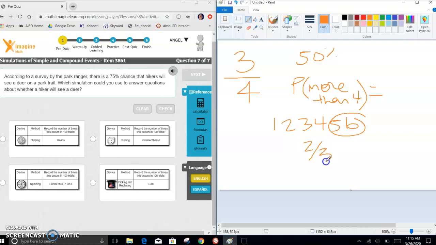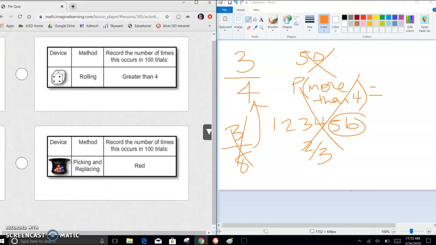So that's 2/3. Still not it. Over here, landing on a 6, 7, or 8. That's 3 out of 8. And I need 3 out of 4. So nope. And then over here, picking and replacing red.